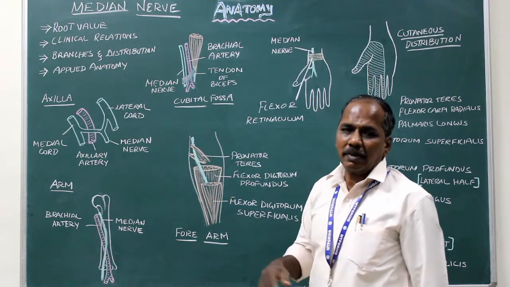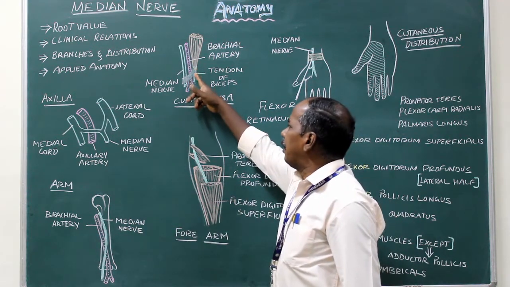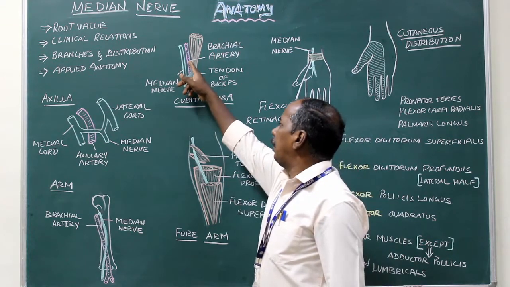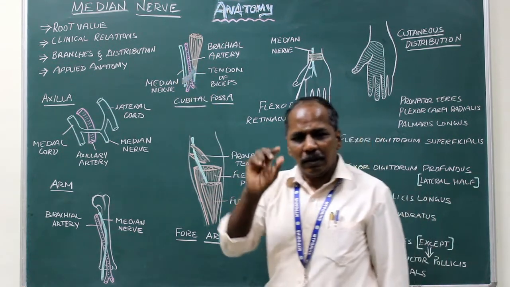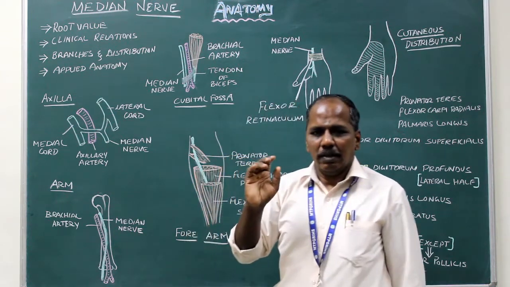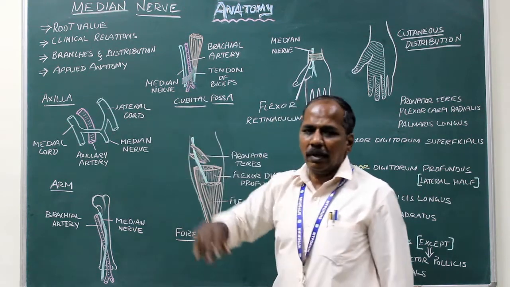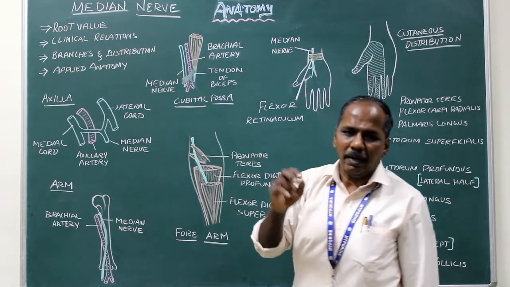In the cubital fossa, see, this is the tendon of biceps and this is the bicipital aponeurosis. This is the brachial artery and this is the median nerve. So in the cubital fossa, the median nerve lies medial to the tendon of biceps and brachial artery.